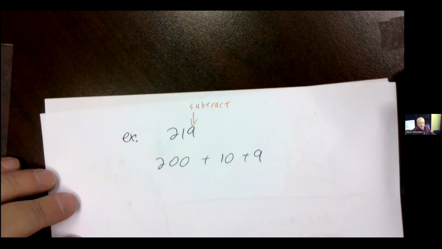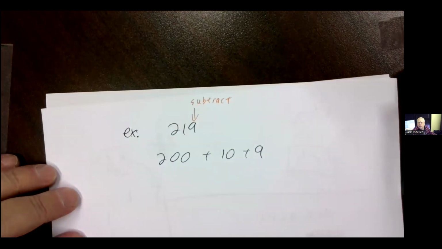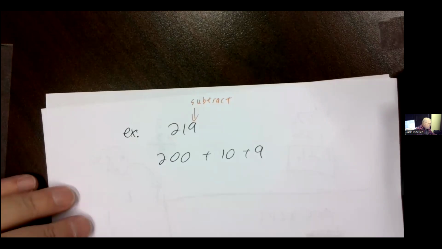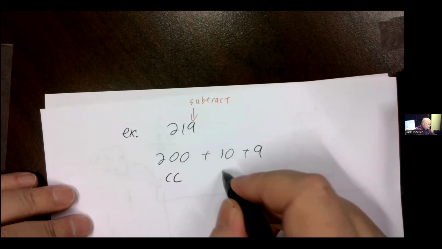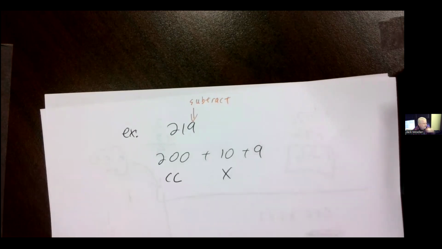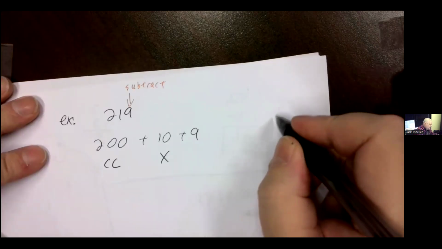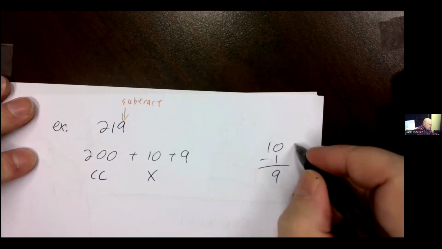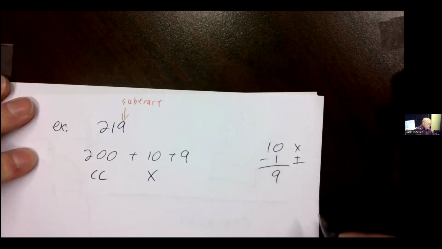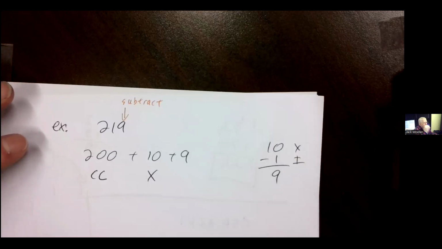Now we need the symbols for this. In Roman numerals, C is 100, so that would be CC. 10 is X. Now, how do we get 9? To get 9, we have to do 10 minus 1, where 10 is X and 1 is I. Remember, when you're subtracting, it's increasing, so it basically has to go backwards.